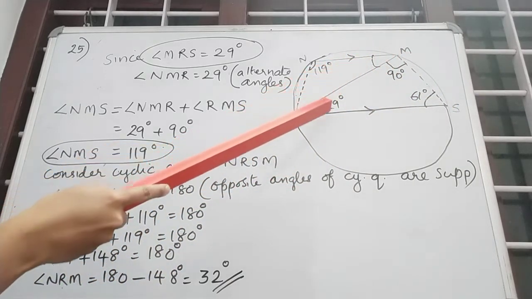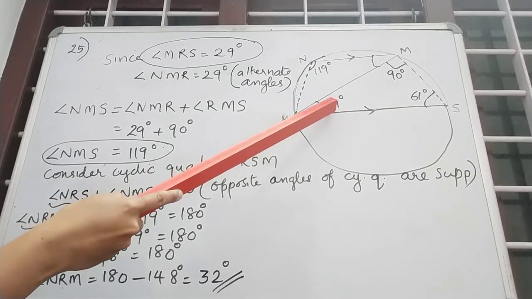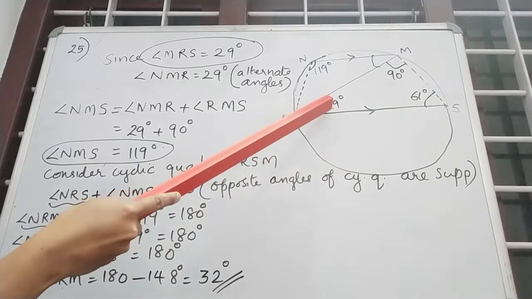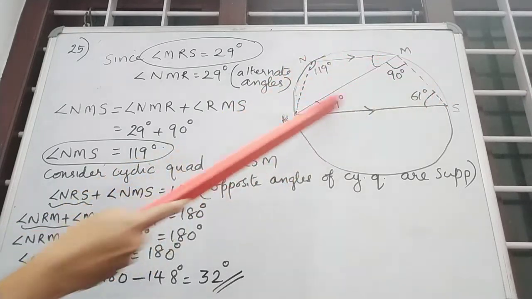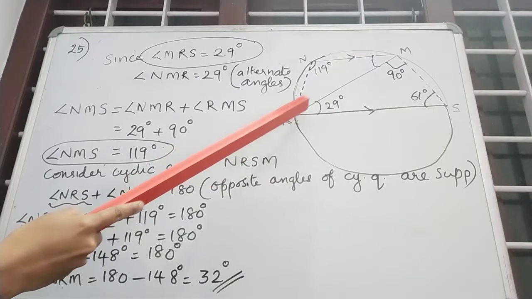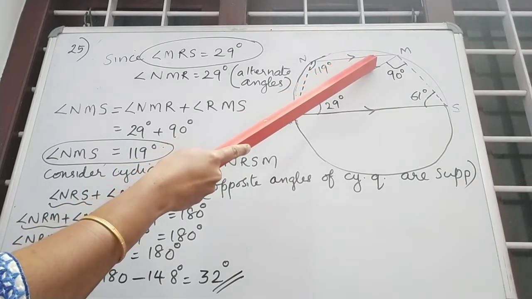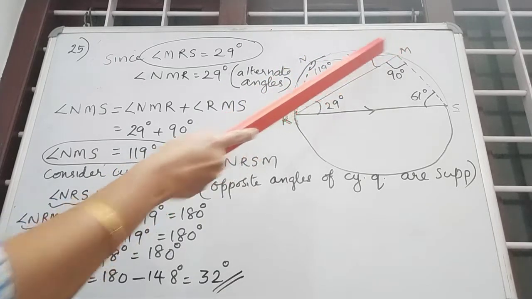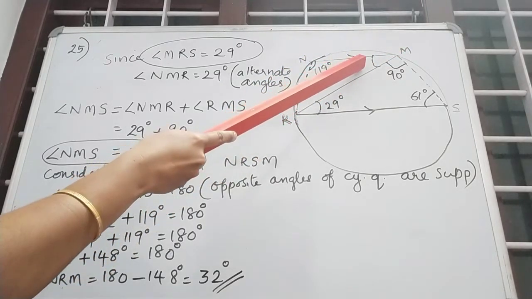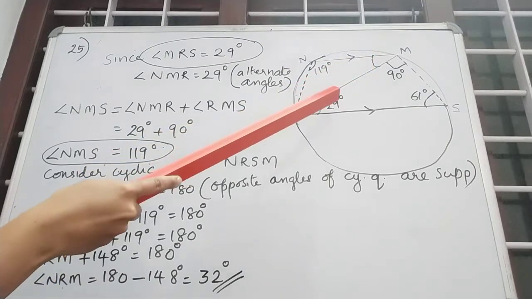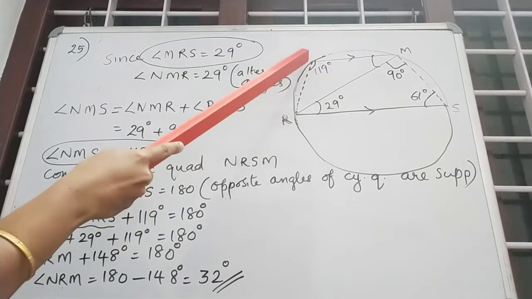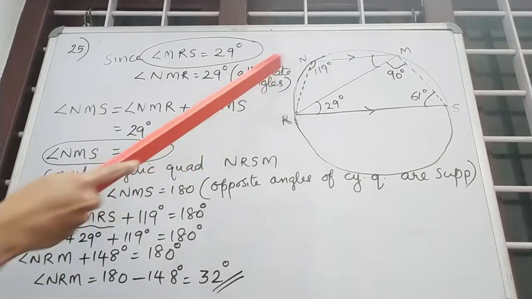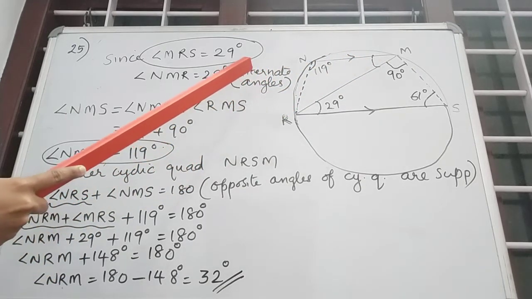So we have this 29 degree, MRS is 29. So these two parallel lines and RM is the transversal. So angle NMR will be 29 degree since these two are alternate angles.